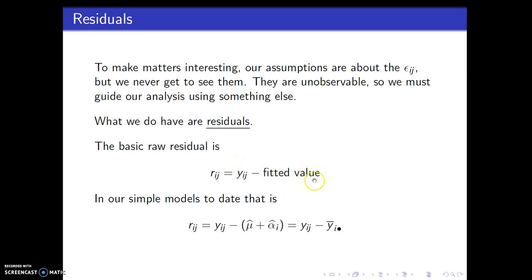How would we find that fitted value? Well, it's our estimated grand mean plus the effect estimator. So that's really just the difference between the treatment mean and the observed value. Because we're just saying if, say, a one-way CRD ANOVA model fits, then every one of these Y_ij's is just estimated by Y_i bar dot.